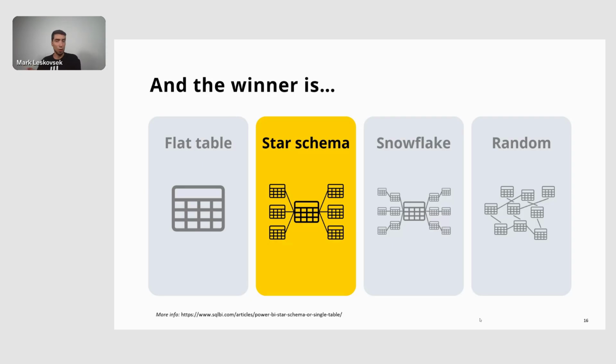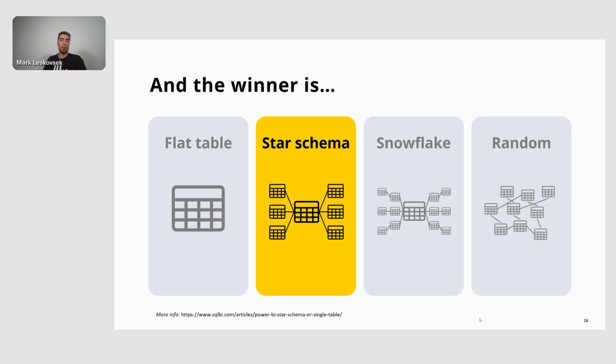If the query is not a pure storage engine query, the star schema model performs much better in 99.9% of cases. When it comes to retrieving values from the slicers, the flat model is extremely slow.